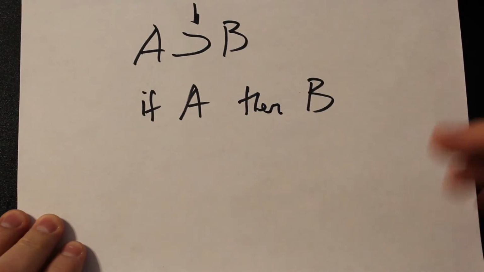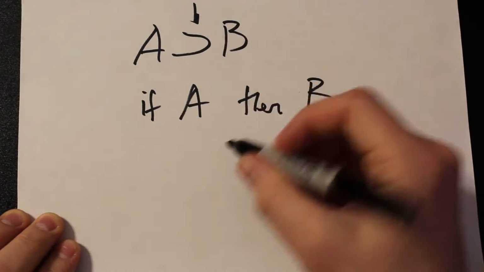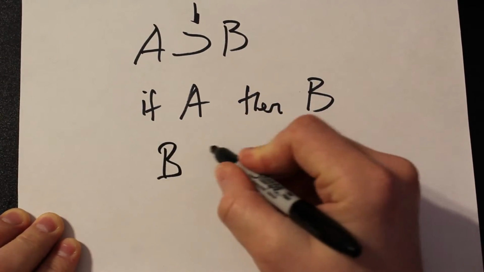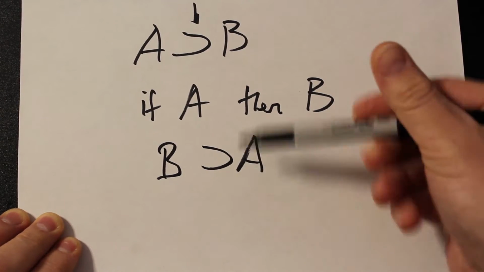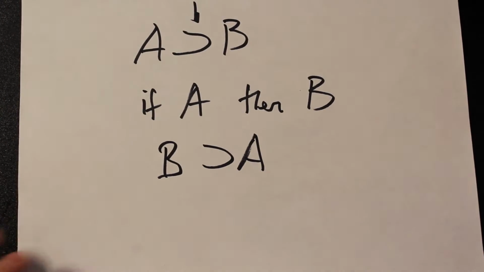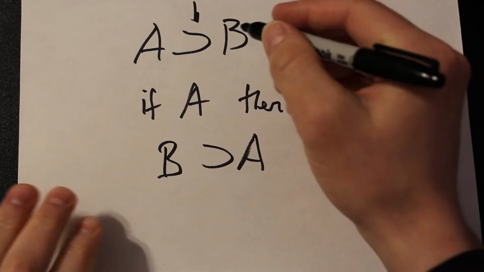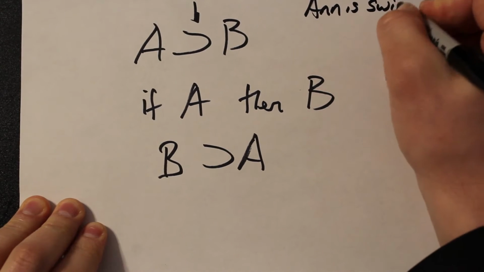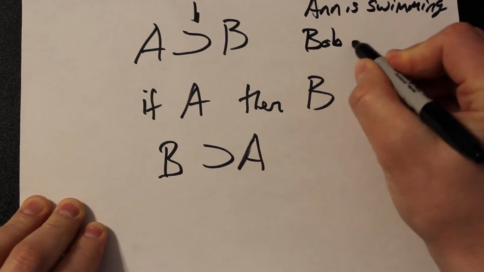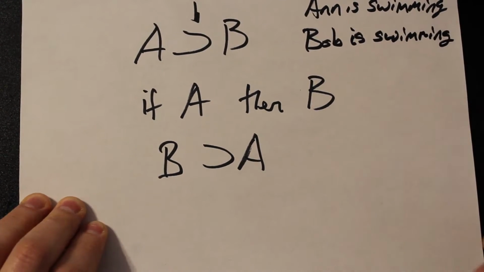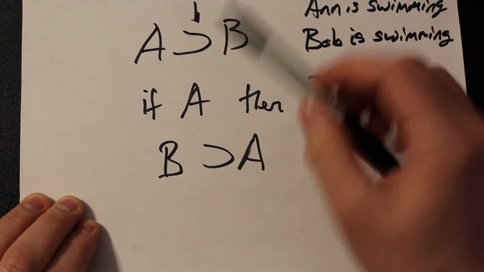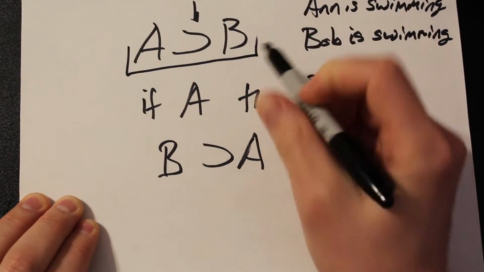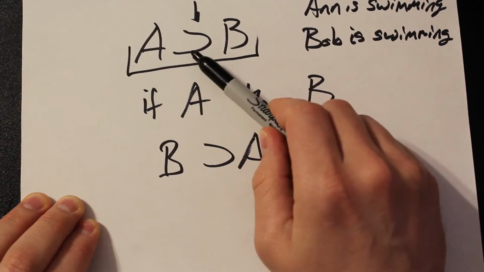So let's see what it would be if we were to call this if B then A. Let's come up with some tests that can determine whether this is true or not. Let's say A is Anne is swimming and B is Bob is swimming. If Anne is swimming, then Bob is swimming.